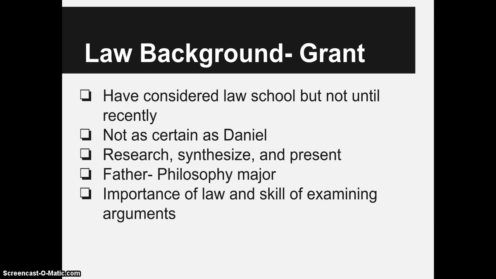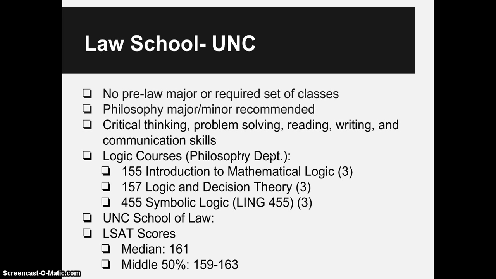The law school that I would consider going to would be at the University of North Carolina, Chapel Hill. Like UT, they don't have a specific pre-law major, and there aren't any required set of classes. On their website, they do recommend either majoring or minoring in philosophy because generally philosophy majors score higher on the LSAT and are better thinkers.